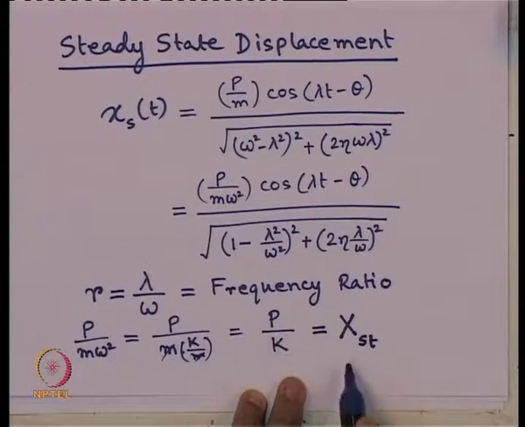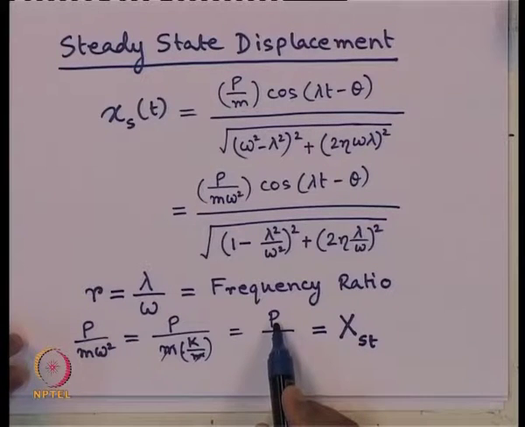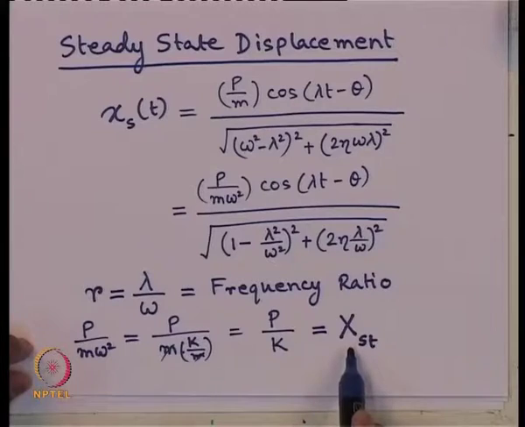So, this P by K is nothing but our static displacement. What does it mean? Instead of the dynamic load, if I apply a static load on the system with magnitude P, the deflection of the system will be x of S t.